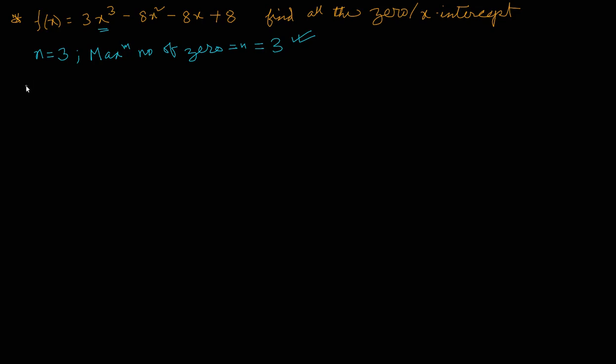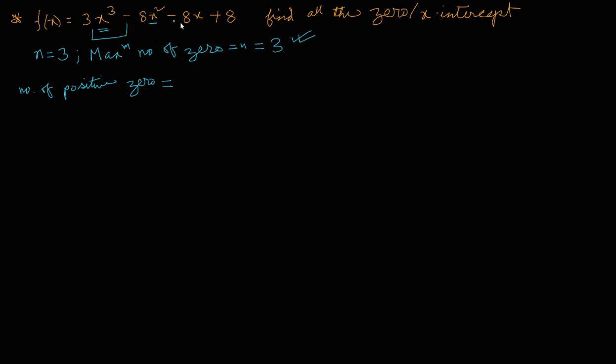Now let's apply the Descartes rule of signs. For the positive real zeros, the number of positive zeros is going to be dependent on the number of sign variations in the function of x. This is positive, this is negative, so I have one sign variation here.